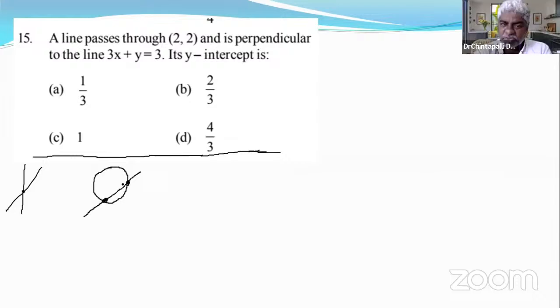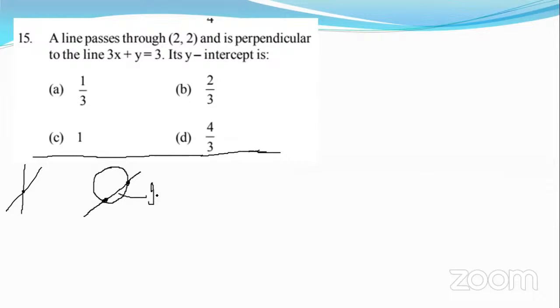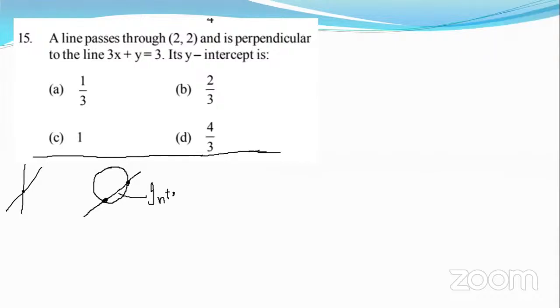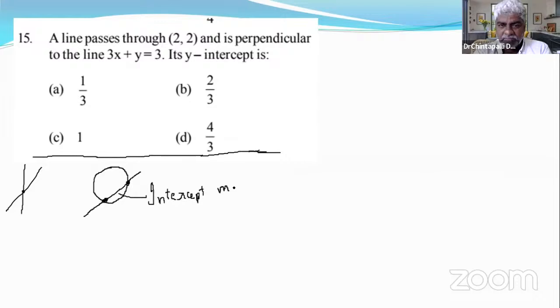The distance between these 2 points is called the intercept. The distance between the points of intersection is called the intercept. Intercept made by the line.